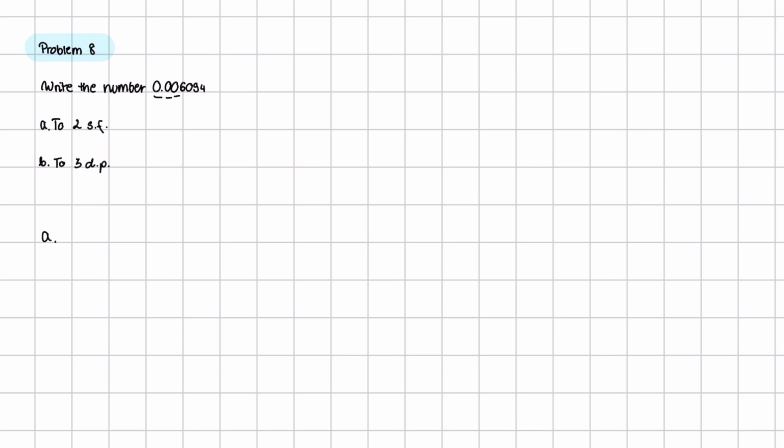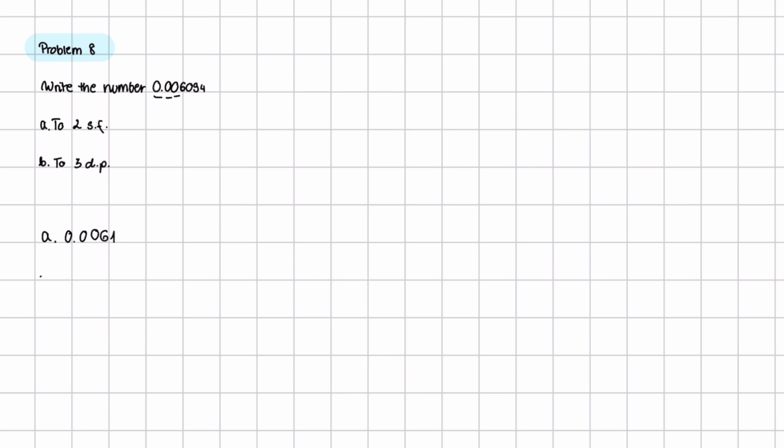We don't count them as significant figures. So our answer will be 0.006, and the next significant figure will be 1, because we have to round up 0, because the next digit is 9, and 9 is greater than 5, so we have to round it up.